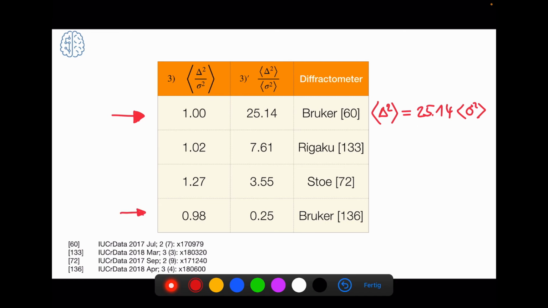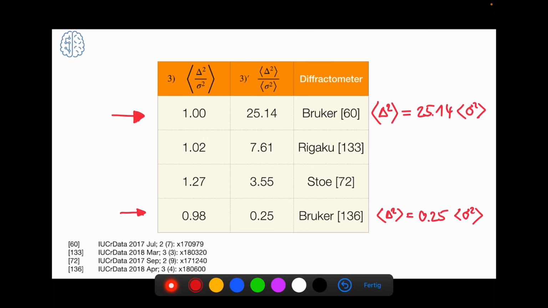Let's have a look at the last example here. Here the mean squared weighted residual equals 0.98 and is also a number very close to 1. However, the mean squared unweighted residual equals 0.25 times the mean squared standard deviation of the observed intensities.